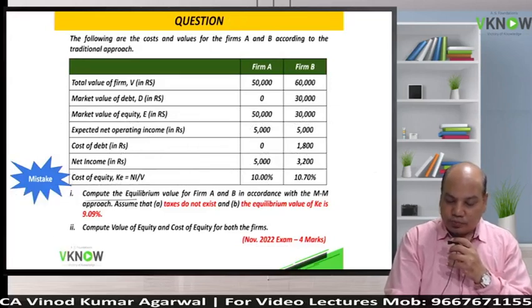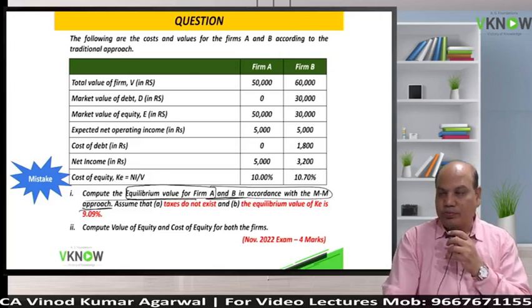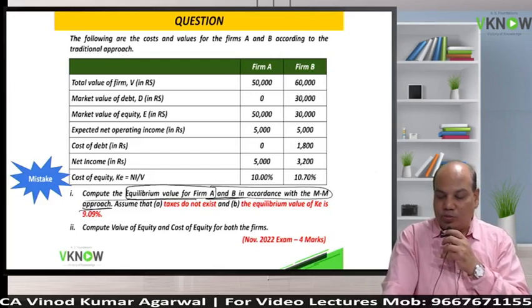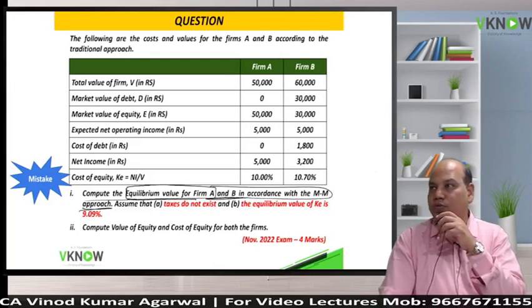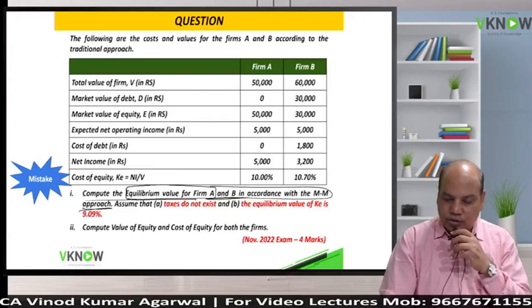Compute the equilibrium value for firm A and firm B in accordance with approach. Equilibrium value means market value of the two firms you have to find out. Okay.